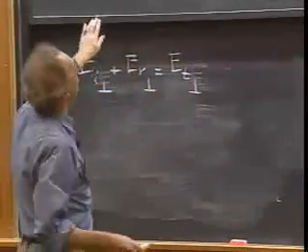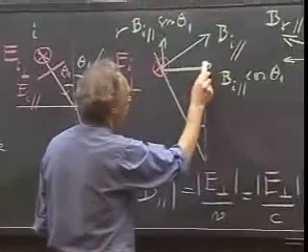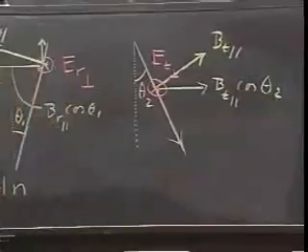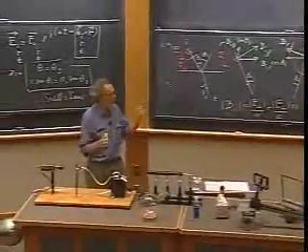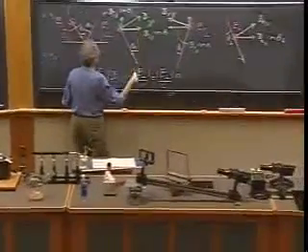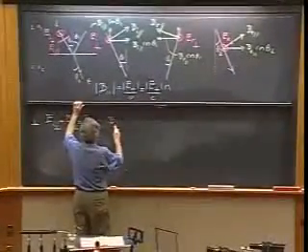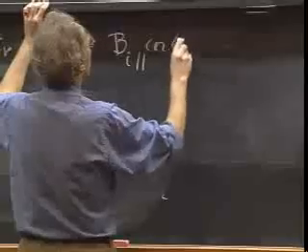What are those components? Well, I already alluded to that. This is one of them in medium 1. This is another one in medium 1. And this is one in medium 2. And the two in medium 1 together must be the same as the one in medium 2 to meet the boundary condition. So I'm going to write this one down. And so I'm going to get B of I parallel times the cosine of theta 1.